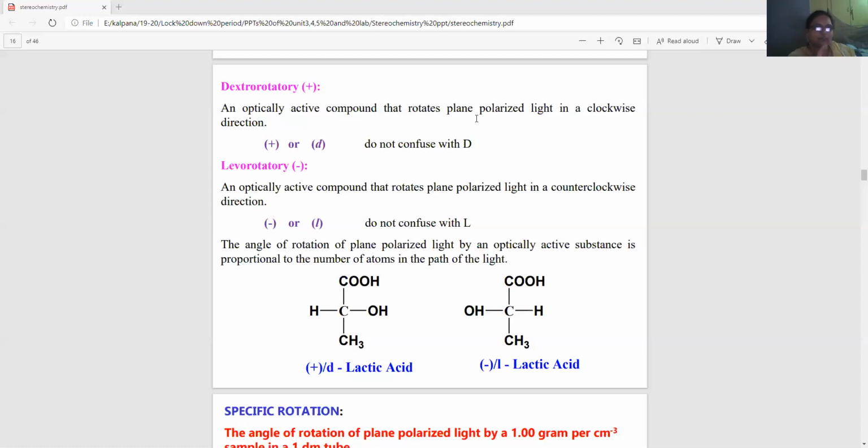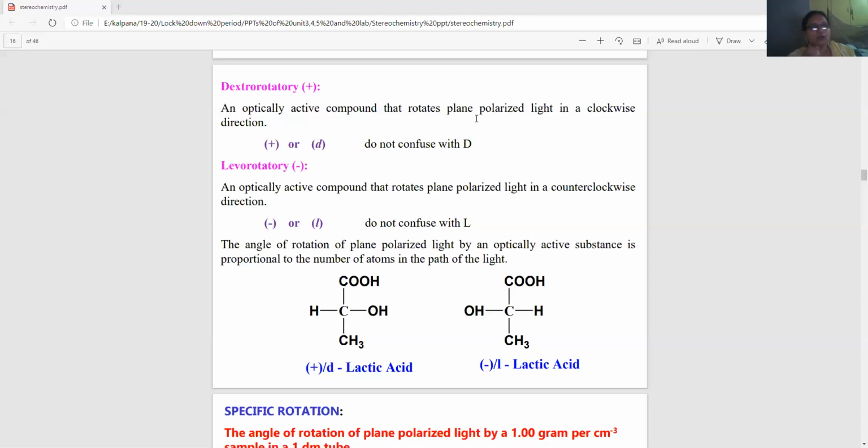If it rotates the plane polarized light in an anticlockwise direction, it is given a negative sign and written as small l. We have capital L also; as I told you, we'll discuss it in the next classes.